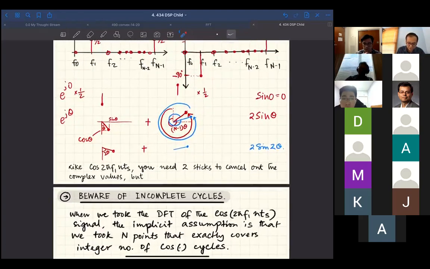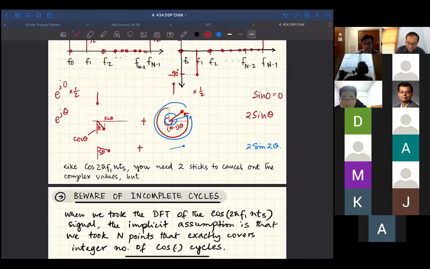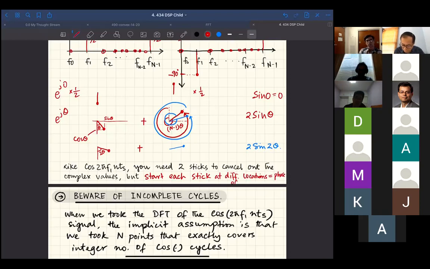So like cos 2 pi FNTS, you need two sticks to cancel out the complex values, but start each stick at different locations, which is phase of the frequency.